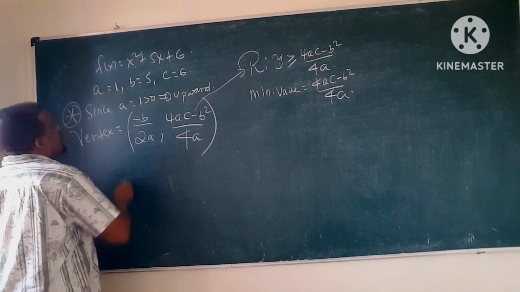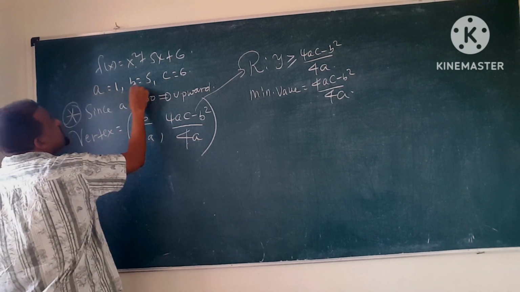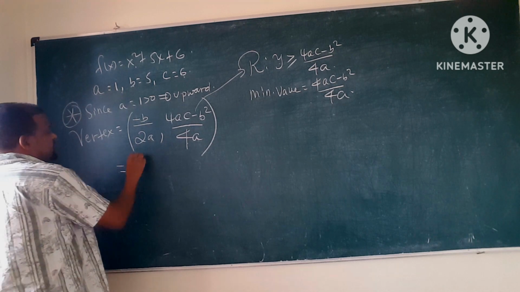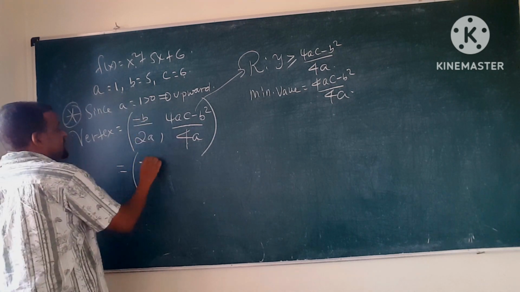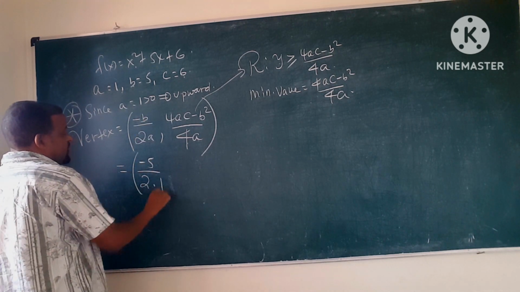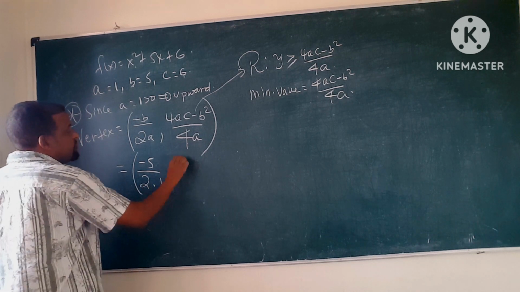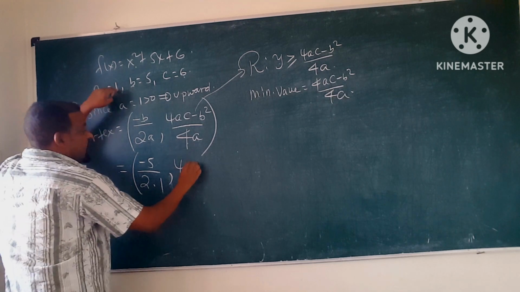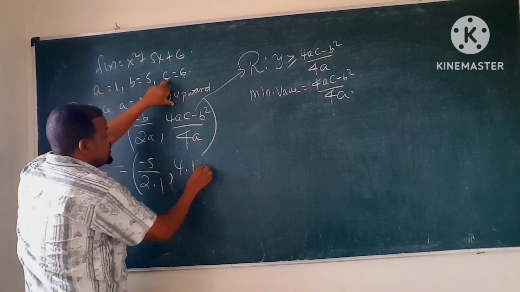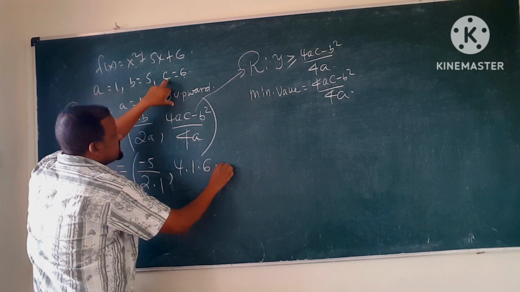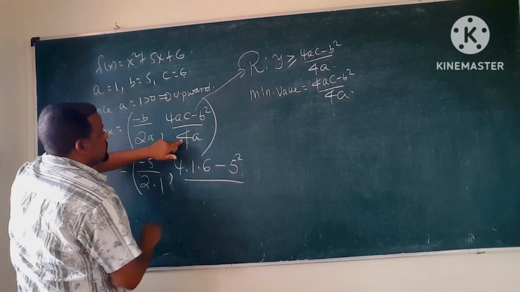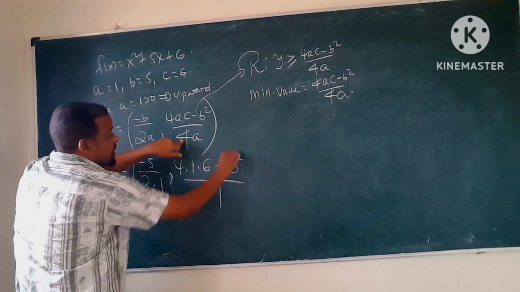So let's calculate the values. a is 1, b is 5, c is 6. Negative b is negative 5, over 2 times 1, comma, 4 times a, which is 1, times c, which is 6, minus b squared, which is 5 squared, over 4a, which is 4 times 1.